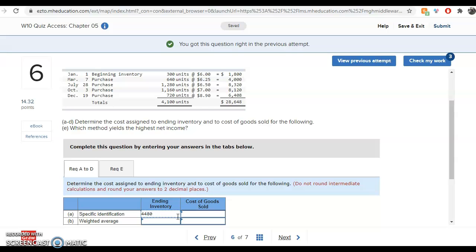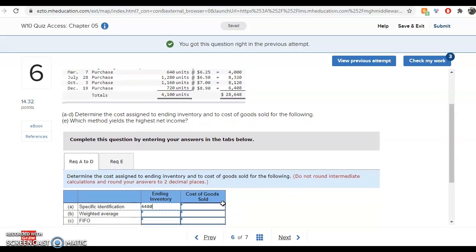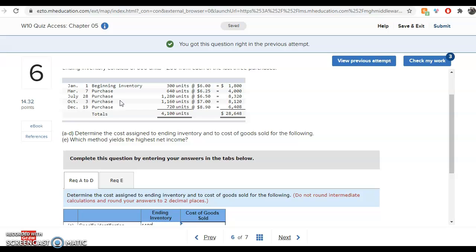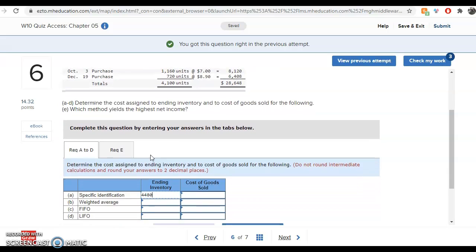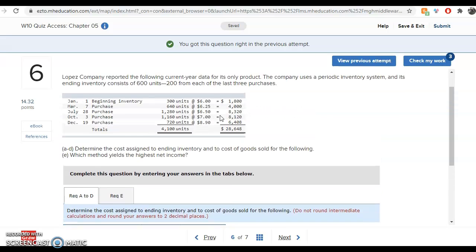So that is going to be our ending inventory, what we have left in stock. And if you remember, to figure out our cost of goods sold, that's our beginning inventory plus all of our purchases minus our ending inventory.